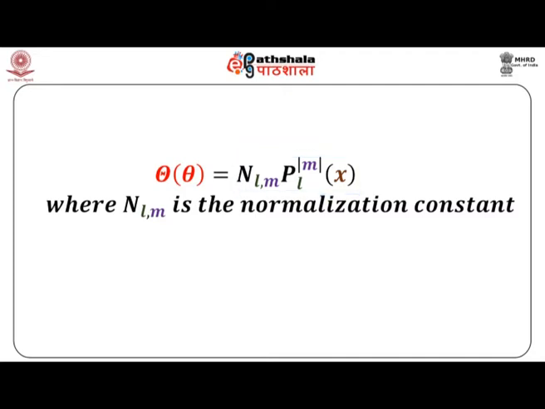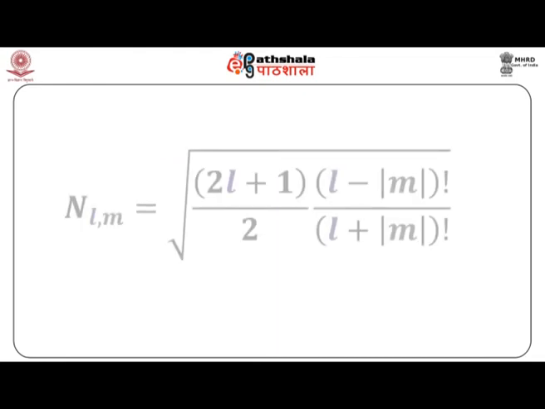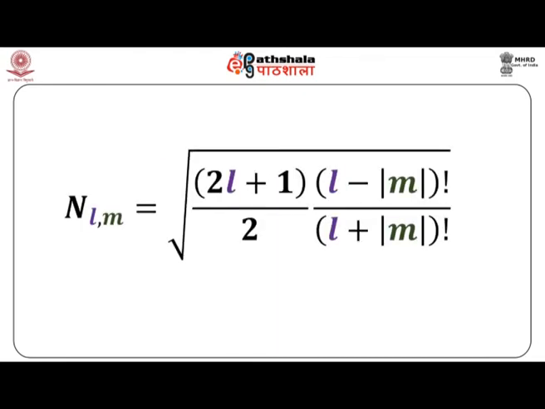Now, what is the value of the normalization constant? It has been found out, and it is equal to, as you can see here, N_Lm equals the square root of (2L+1)/2, then (L − |m|) factorial divided by (L + |m|) factorial. So this is the normalization constant for the theta function.